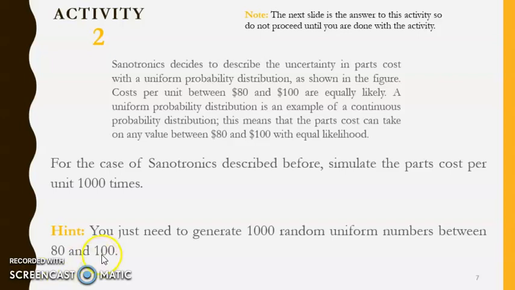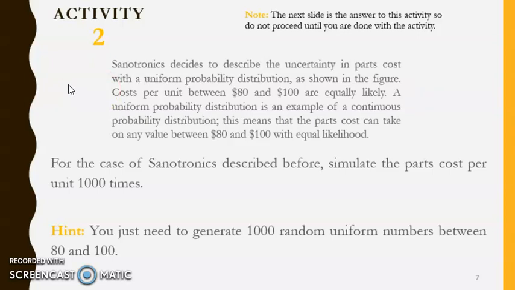So you just need to generate 1,000 uniform random numbers between 80 and 100. Why 80 and 100? Because the case that we discussed last week was about this. And I have put the case here also, just in case you don't have access to last week's material.